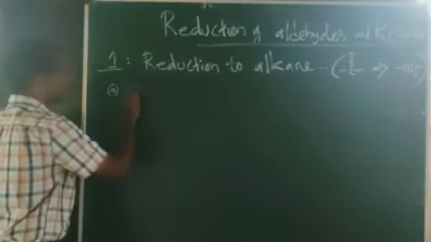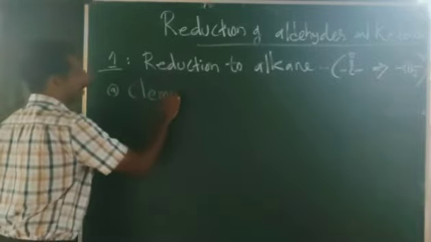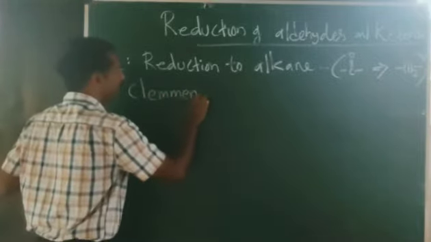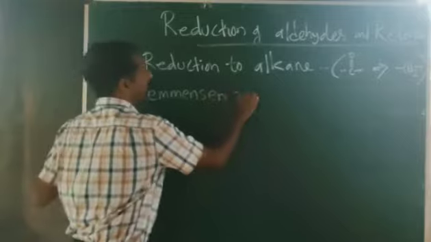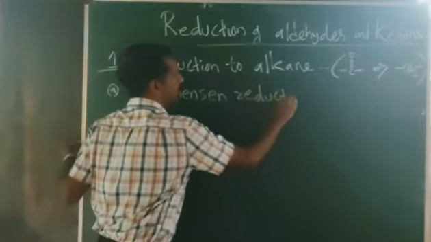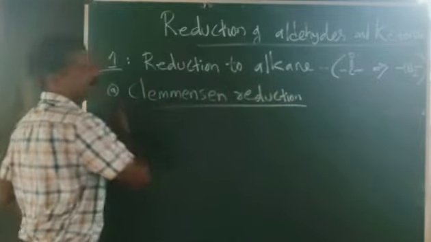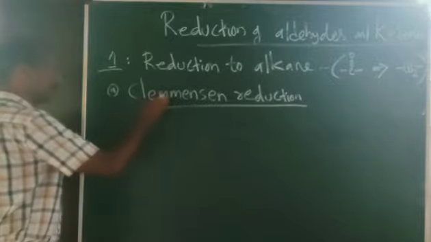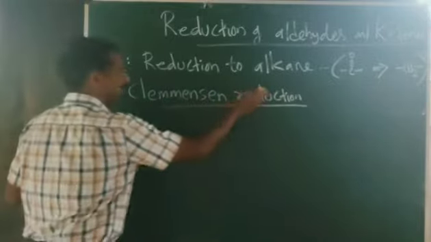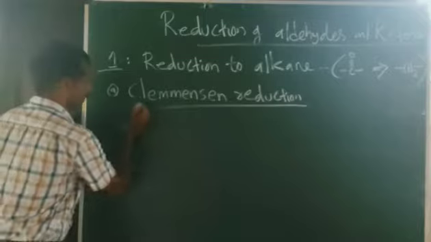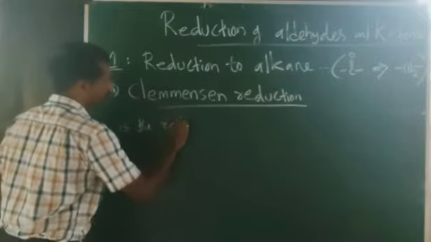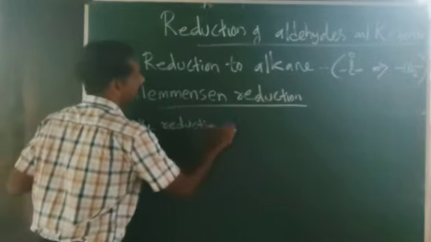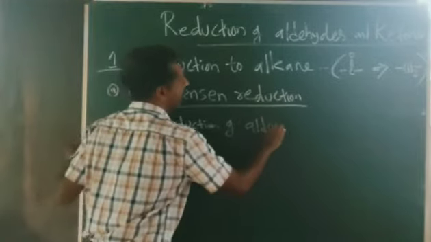First one is Clemmensen reduction. What do you mean by Clemmensen reduction? Clemmensen reduction is the reduction of aldehydes and ketones.